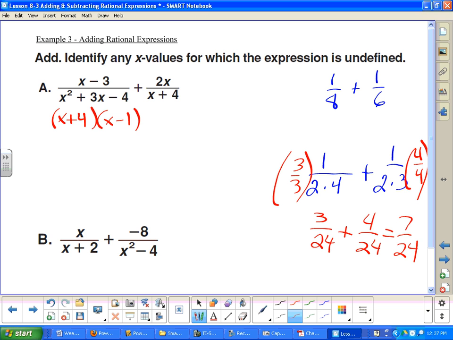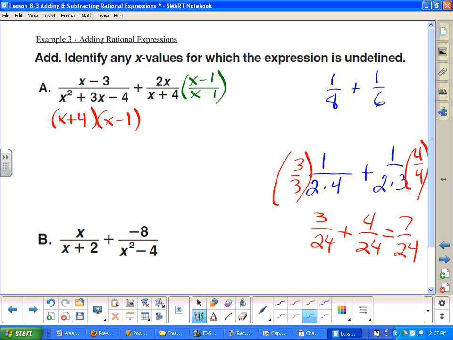So then that means I have to multiply the one on the right by x minus 1 over x minus 1. Remember, I have to multiply by 1, which is x minus 1 over x minus 1. And by multiplying by 1, I'm going to change the way it looks, but I'm not changing the value of it.